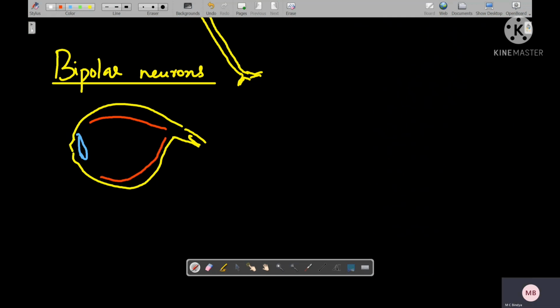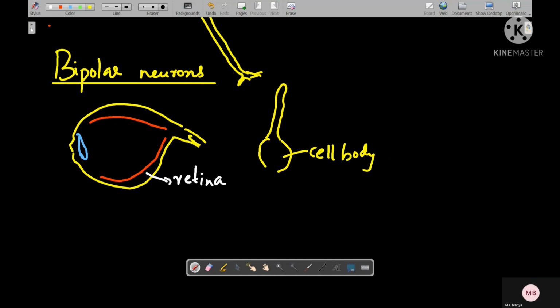So it is in this retina of the eye that you can see the bipolar neurons. Bipolar neurons will have two poles. There will be a dendrite, there will be cyton or cell body, and at the other pole we have the axon. And then they will be called bipolar neurons.